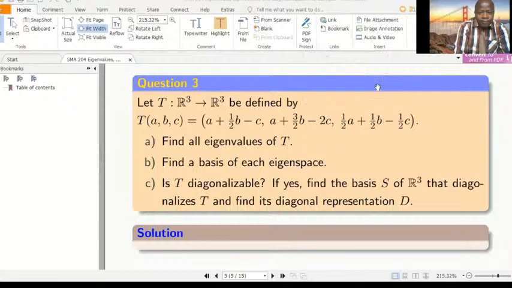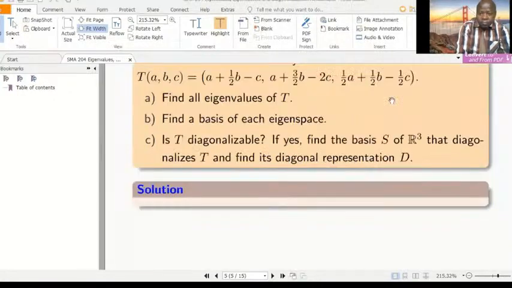The matrix that I have is, let me just move this one up a bit. Now, the matrix T will be given by the first row: the first element is A plus a half of B, so the coefficient of A is 1, then the coefficient of B is a half, the coefficient of C is negative 1.